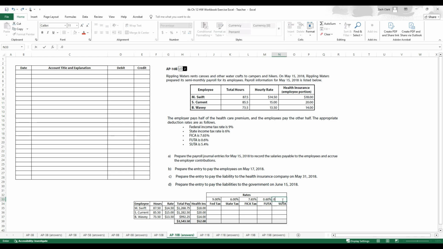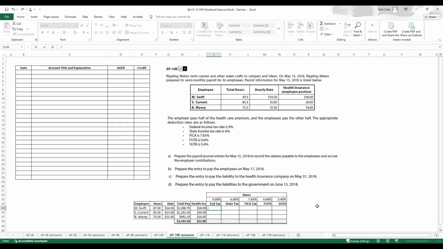And the SUTA is 5.4%. So be careful with those real small percentages. Don't make that 60% or 6%, it's 0.6%. So a little over 1/2 of a percent, 6/10, right?